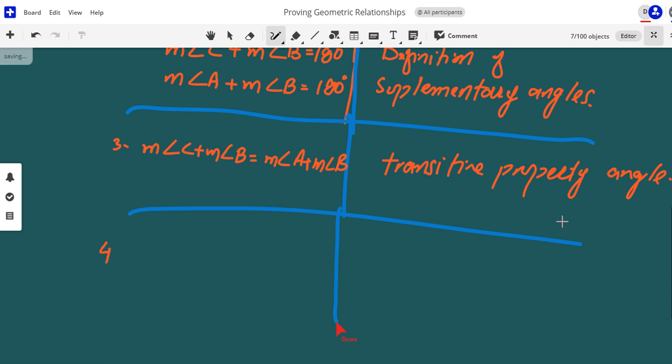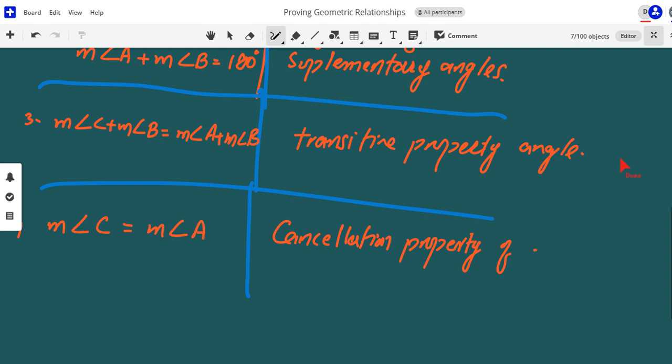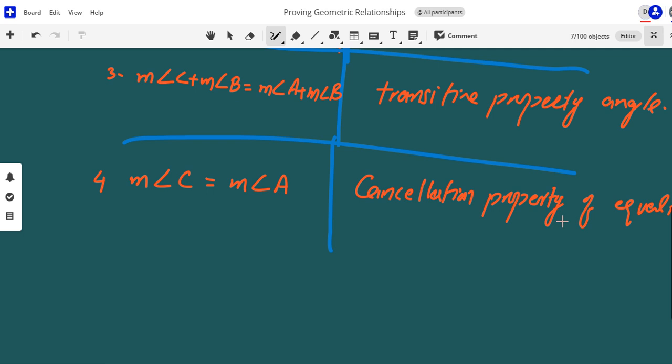That means the measure of angle C is equal to the measure of angle A. This is the cancellation property of equality. The measure of an angle is a number, so since measure of angle B was present on both sides, it cancels out.